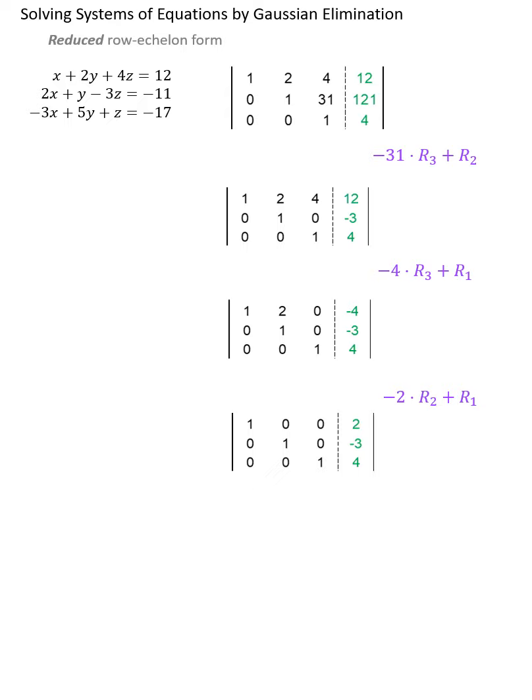So the question then becomes, why would we want to go past row echelon form into reduced row echelon form, which, by the way, means 1's on the main diagonal and 0's both above and below all of those 1's?